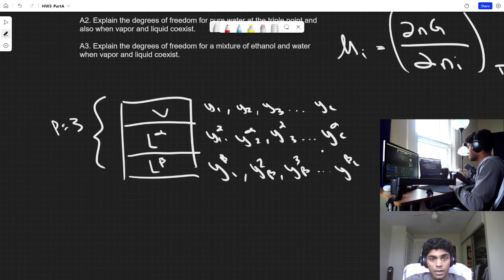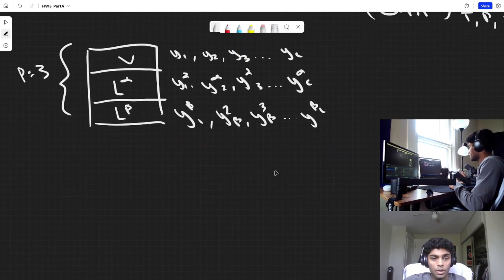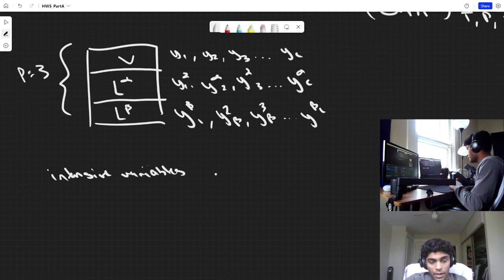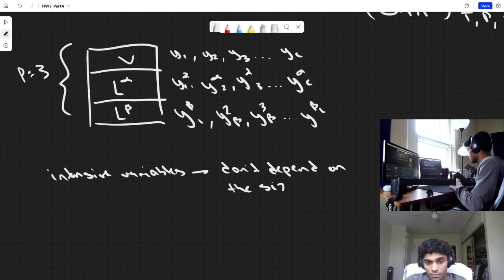And so when we look at things like this, we're going to have some C amount of components for each one of these. And so we get into talking about something we call the intensive variables. These are variables that don't depend on the size of, I guess, the system.